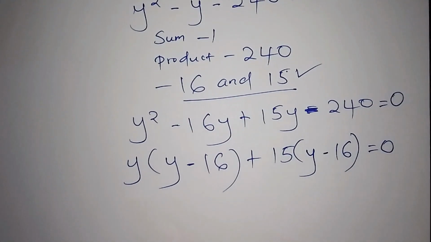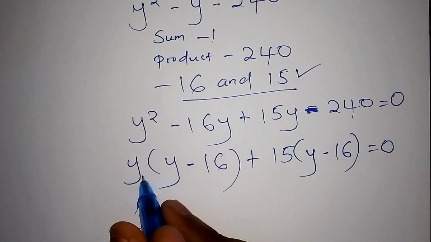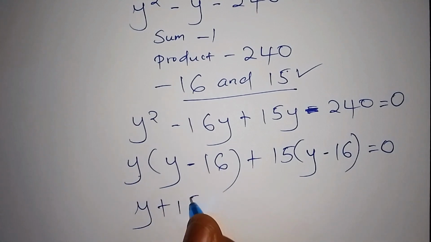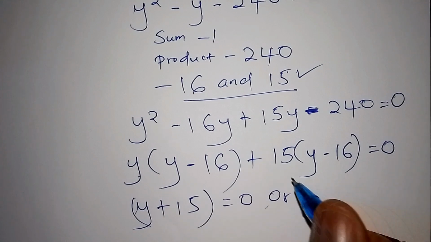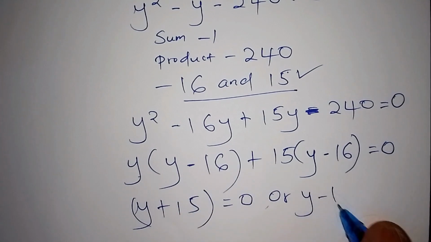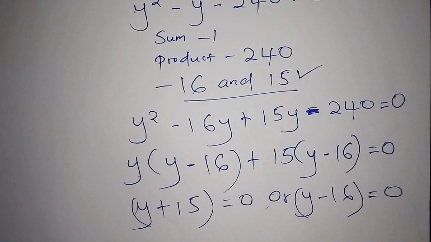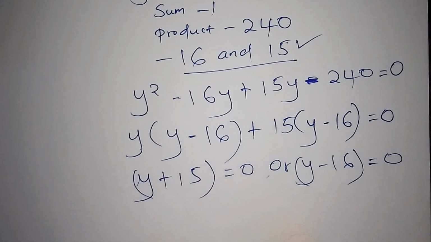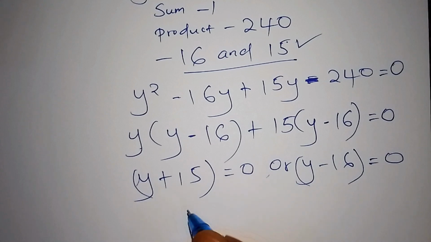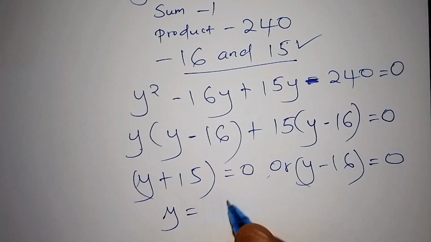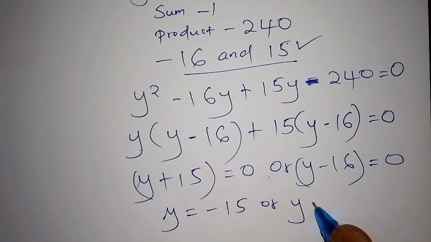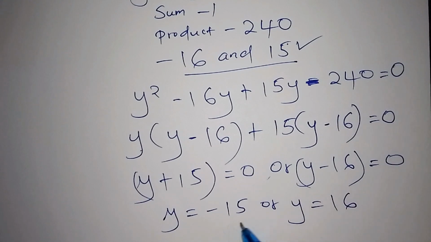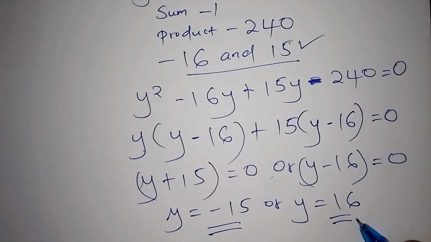So when you group these, we shall have y plus 15 is equal to 0, or we can also have y minus 16 is equal to 0. So when we try to solve this one, y plus 15 equals 0, in this case our answer will be y is equal to minus 15, or when you work out y minus 16 is equal to 0, y is equal to positive 16. So these are the two numbers that come in.